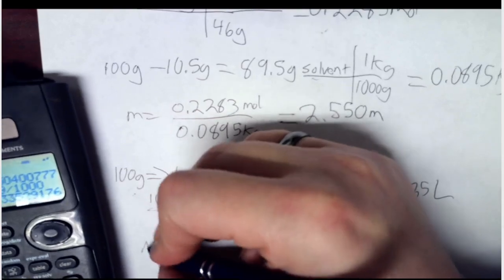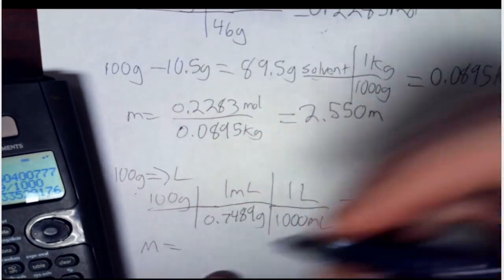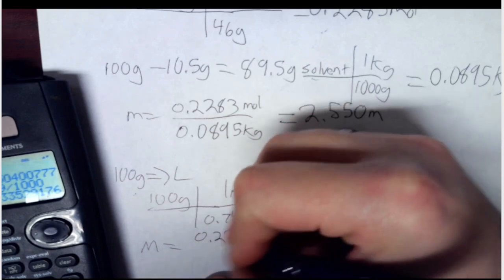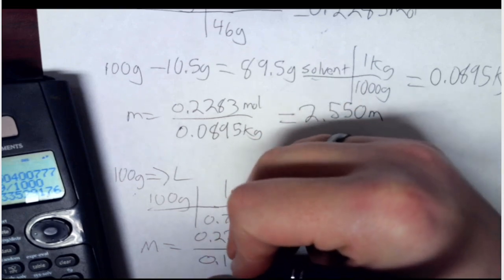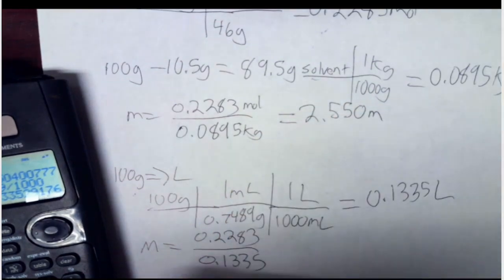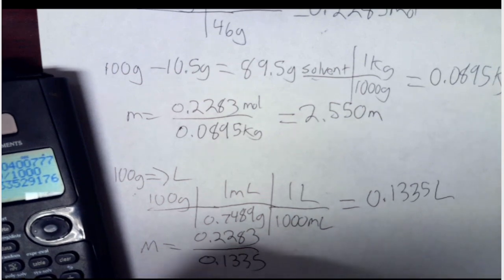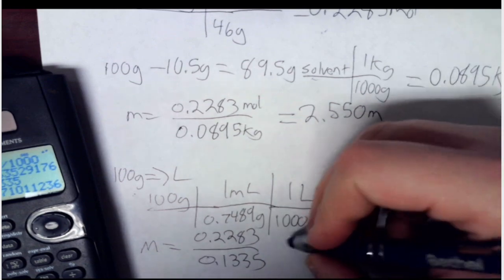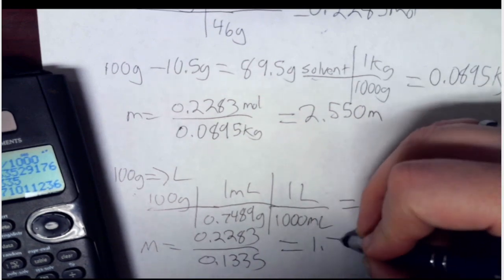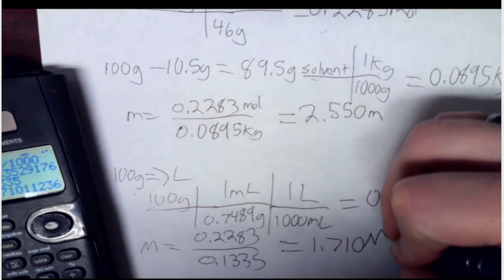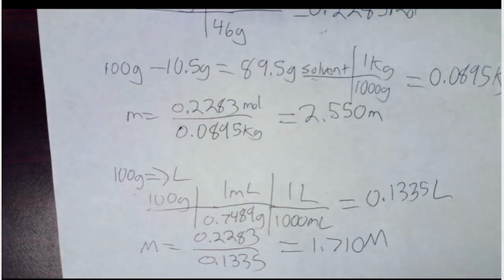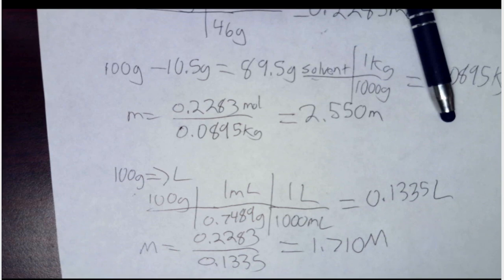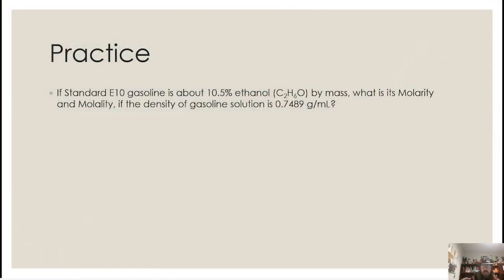So our molarity becomes 0.2283 divided by 0.1335, and you would have a molarity of 1.710. So the molality and molarity are widely different for this solution.